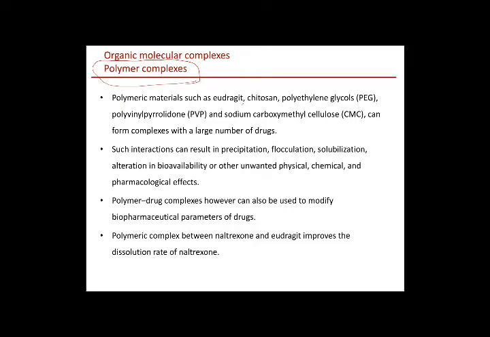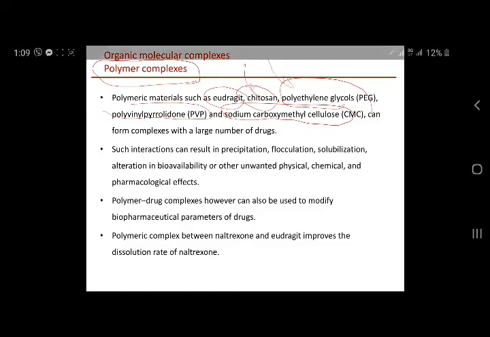Now, polymer complexes. In many pharmaceutical applications, we use polymers. Examples are Eudragit, chitosan, polyethylene glycols, polyvinylpyrrolidone, sodium carboxymethylcellulose, and many other polymers that we use to make final formulations.